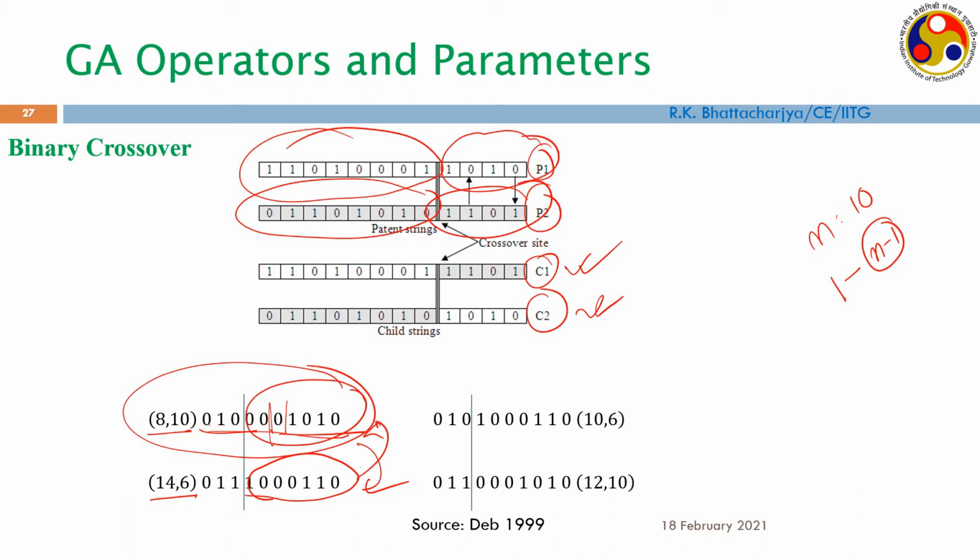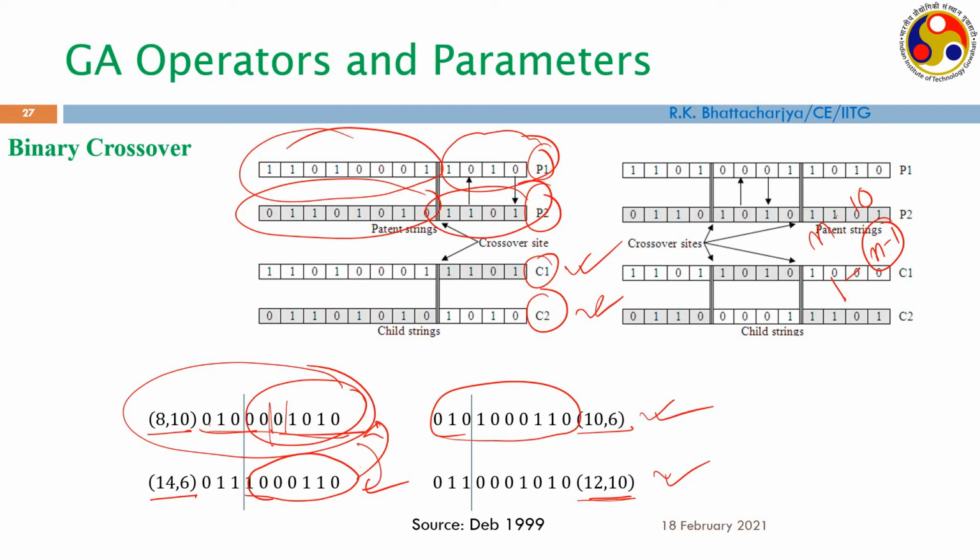So I get this solution, 0 1 0 and then 1 0 0 0 1 1 0. This is child 1 and this is child 2. The solutions are now 10 6 and 12 10. So we get two new solutions by this crossover operator.